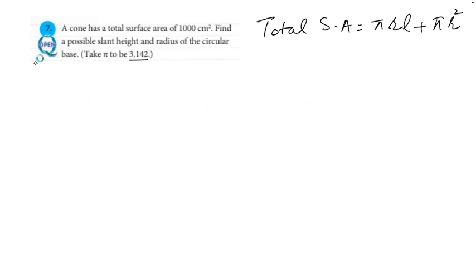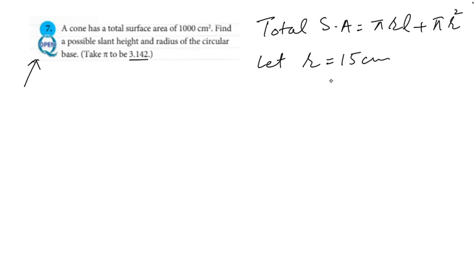As you see, this one is an open-ended question, so it's up to you what possible slant height you can find by considering any radius. We had question number 4 of this exercise, which was also up to you people, what values you decide. Let's assume that R is equal to 15 centimeters.